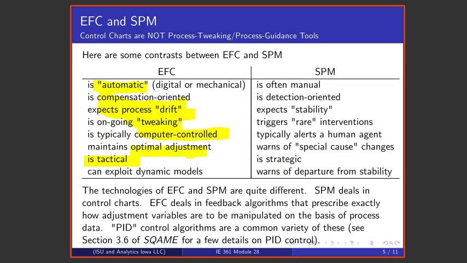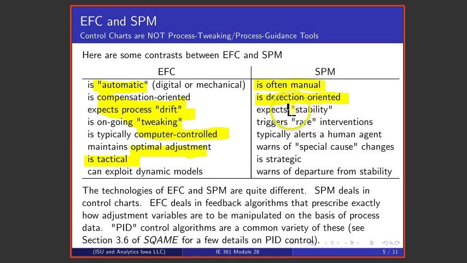Statistical process monitoring is often almost manual. There's probably not many applications these days where pencil and paper are used, but it doesn't have a black box flavor. It's something where, as data are taken, people are looking at the data or plots of the data. It is detection oriented, that is, it's aimed at detecting change.